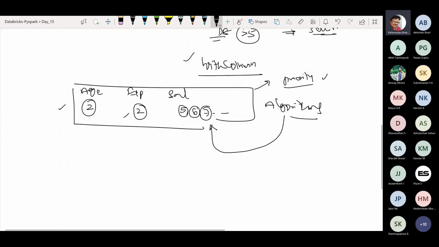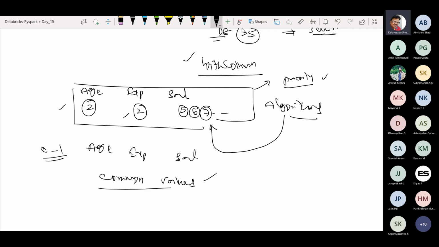So to handle that particular convention, what we are doing is, this age, experience, and salary, we are going to turn into 0 to 1. Some common scaling, so that the algorithm does not give any wrong impression on the data, because your algorithm has certain assumptions, guys.